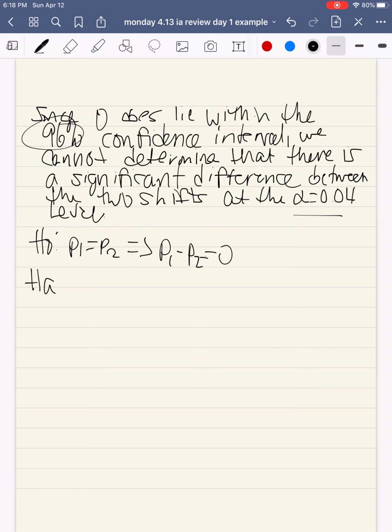And our alternate is that there is a difference here. They are not equal to each other. In other words, P1 minus P2 does not equal 0.